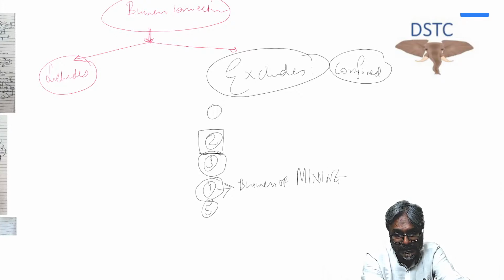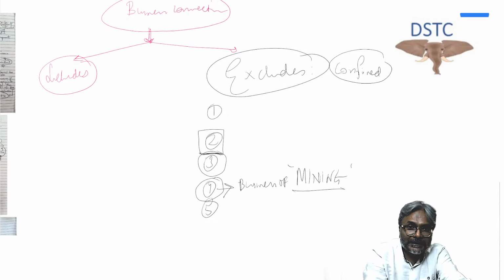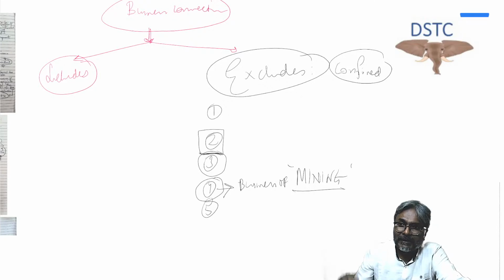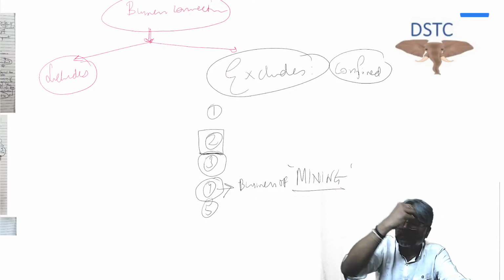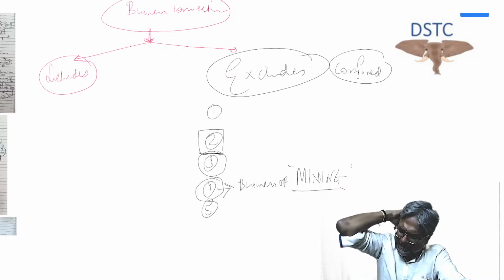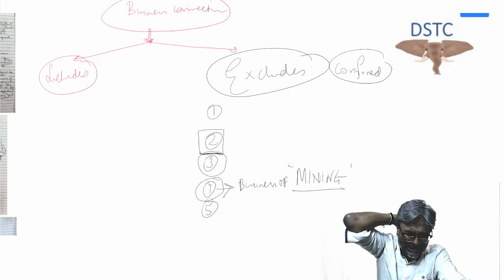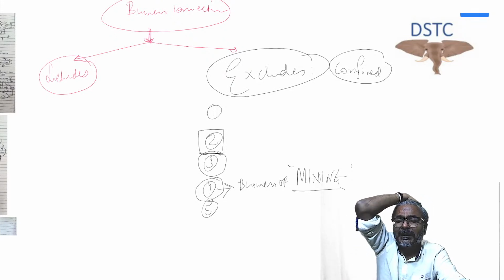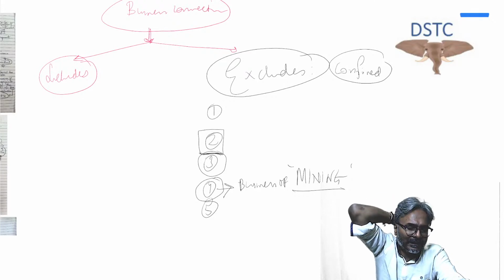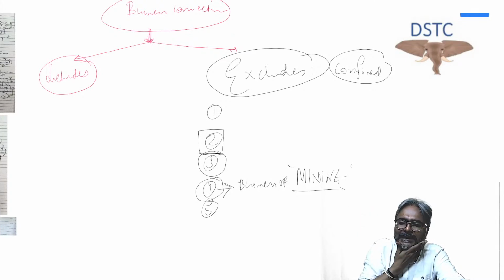That person, who is in the business of mining of diamonds, is showing the diamonds for exhibition purpose. If that is the only activity which this person has done, the activity of showing the diamonds in exhibition, then even that would be considered as an exclusion.